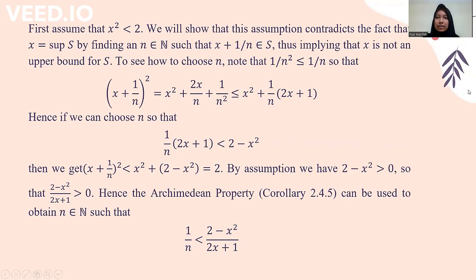First, assume that x squared is less than 2. We will show that this assumption contradicts the fact that x is equal to the supremum of S by finding an n, an element of the natural numbers, such that x plus 1 over n is an element of S, thus implying that x is not an upper bound for S. To see how to choose n, note that 1 over n squared is less than or equal to 1 over n, so that (x plus 1 over n) squared is equal to x squared plus 2x over n plus 1 over n squared, which is less than or equal to x squared plus 1 over n times (2x plus 1).